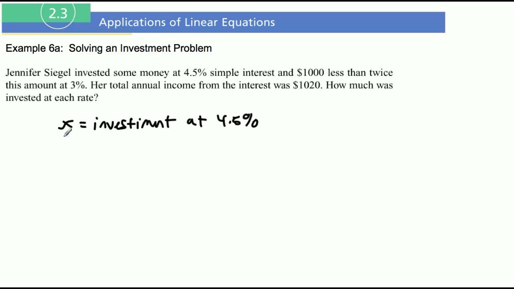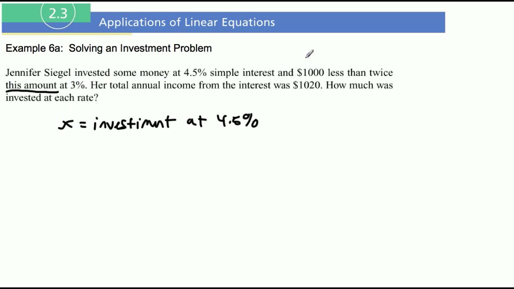If we call this amount x, then it says $1,000 less than twice this amount at 3%. So the investment at 3%, when it says this amount, we're referring to x, meaning that we took the money that we invested. One was at 4.5% and one was at 3%.